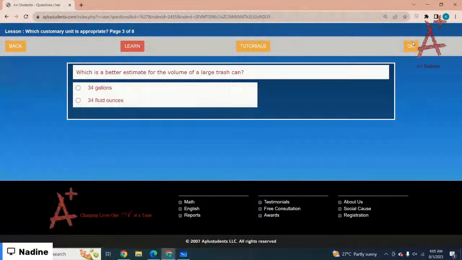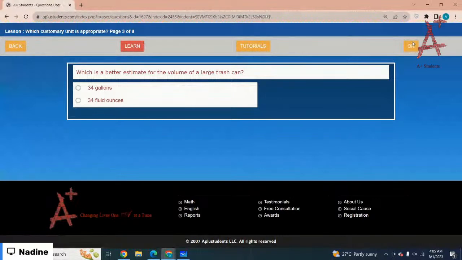Which is the better estimate for the volume of a large trash can? Which is the correct option? 34 gallons or 34 fluid ounces? You are given two options, gallons and fluid ounces.